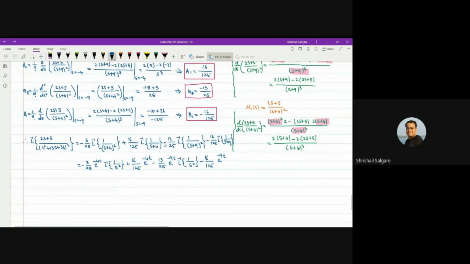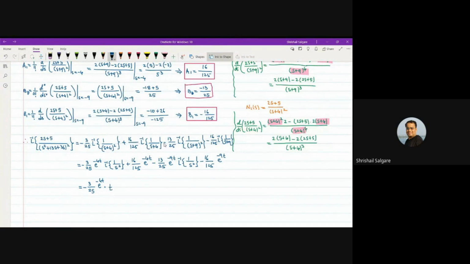I think these examples are a little bit tough. Minus 3 upon 25 into e to the power minus 4t. What should I write? T. It is t, right?